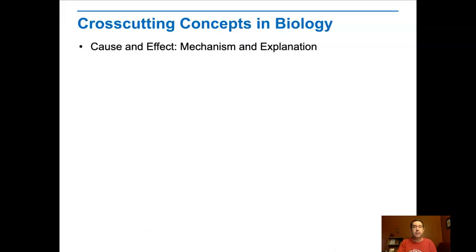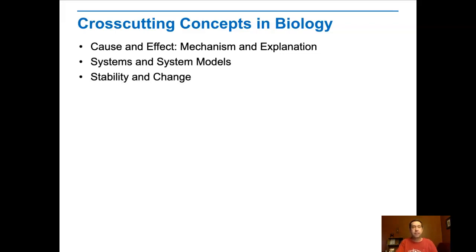So cross-cutting concepts in biology. One of them is cause and effect. Mechanisms and explanations. So again, there's a change. It causes an effect in a living thing. Systems and system models.